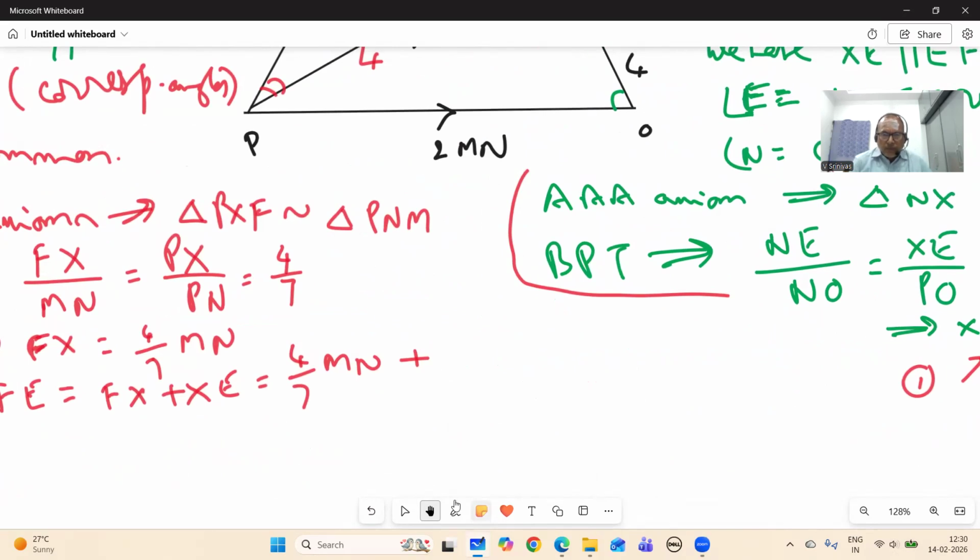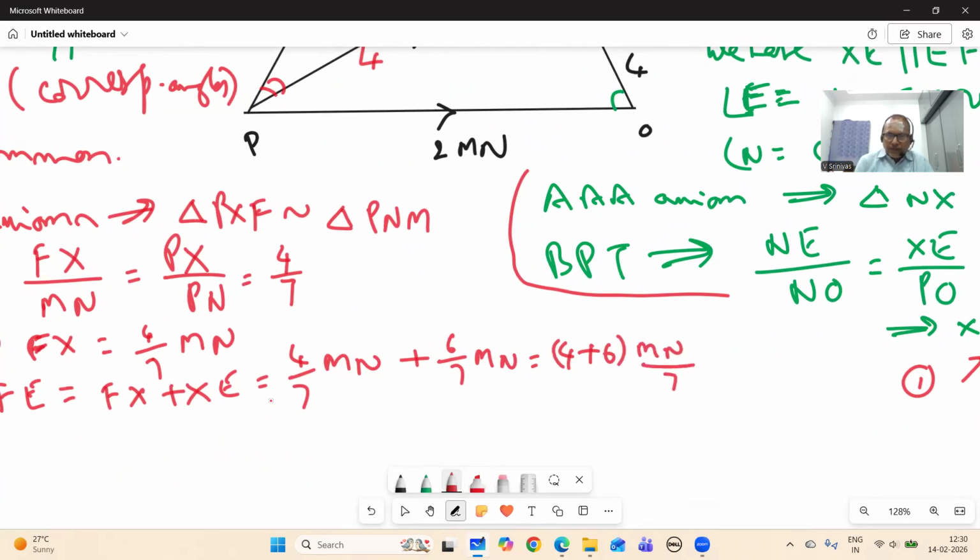So MN by 7 is common. So it is 4 plus 6 into MN by 7. This is FE. So do cross multiplication.